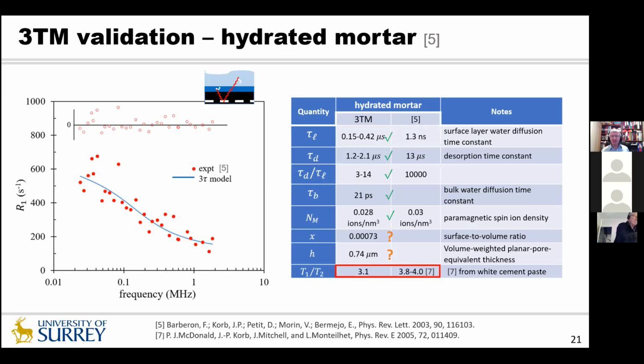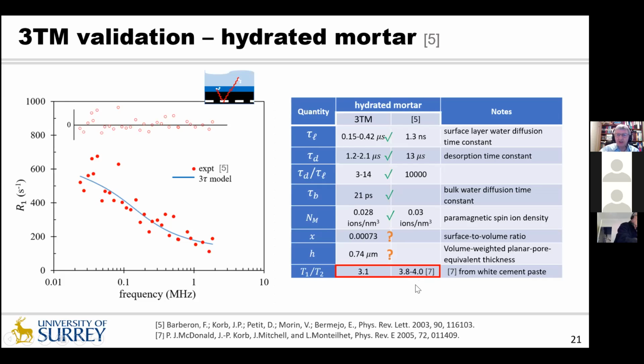Finally, the T1 to T2 ratio, which we can determine from our fit at 20 megahertz. So all the T1 to T2 ratios are determined at 20 megahertz. And I confess to a faux pas here in the original attempt to fit our model to this hydrated mortar data, because we sought to add an additional fit criterion that T1 to T2 should equal, well, something in the range 3.8 to 4.